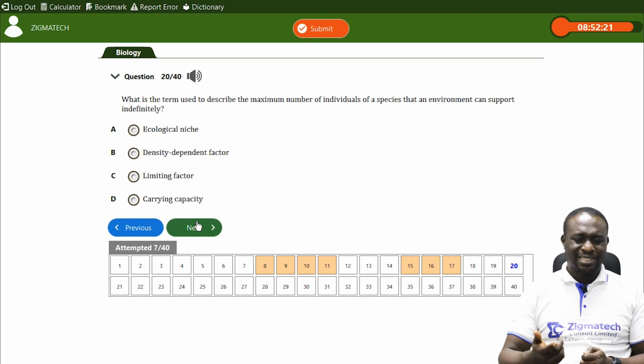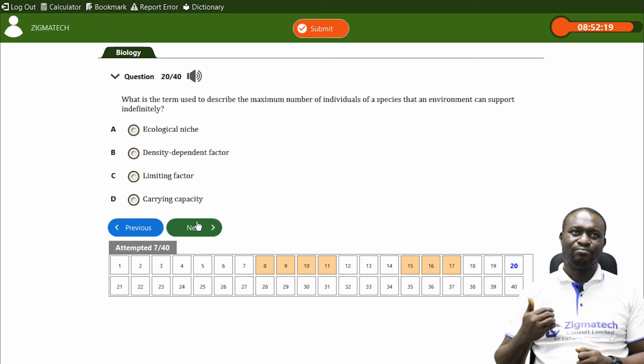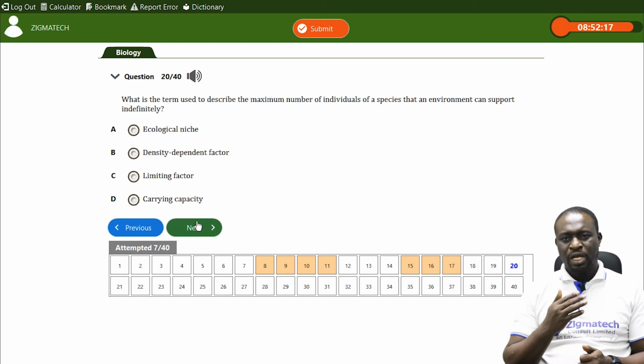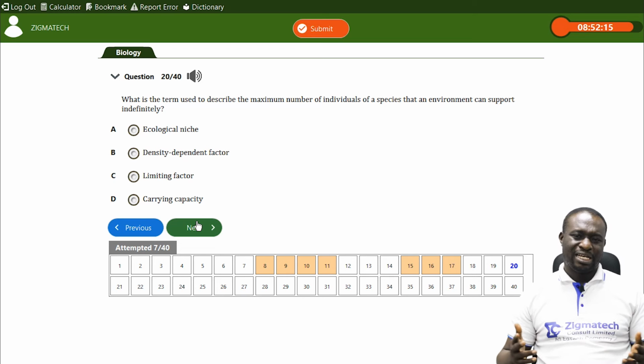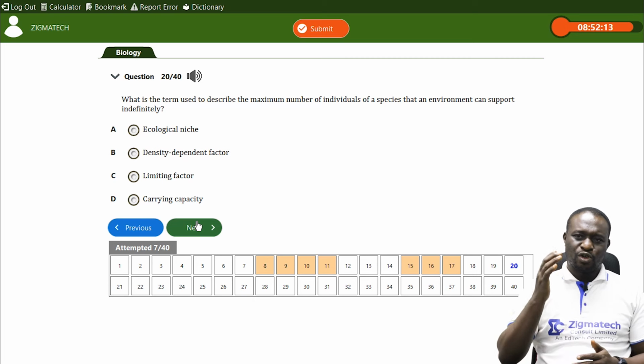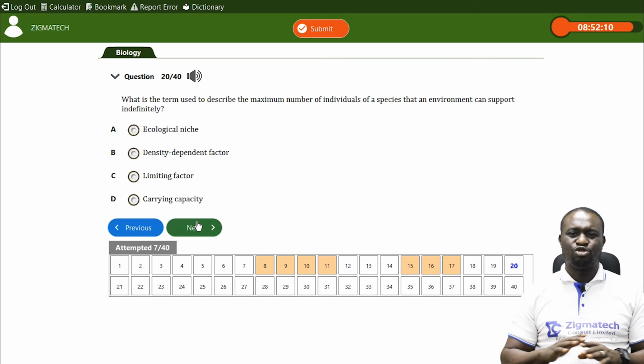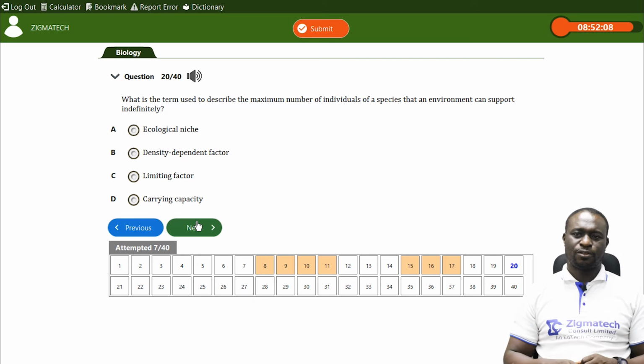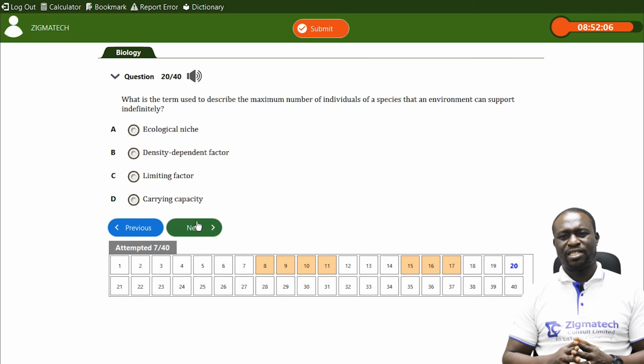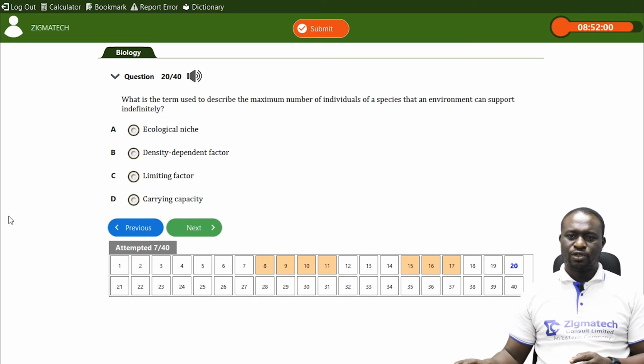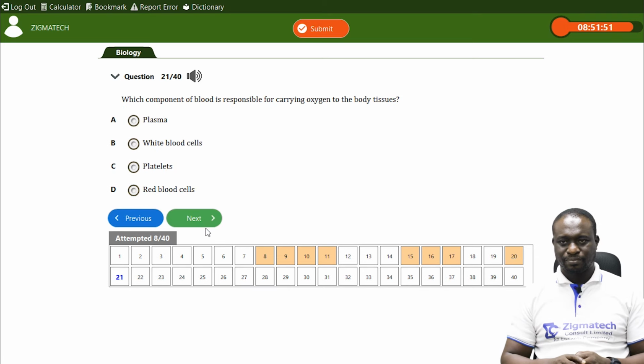Examples include diseases, availability of food, and space. The question has nothing to do with limiting factors or ecological niche, but it has everything to do with carrying capacity. So the correct answer to question 20 is D, the carrying capacity.